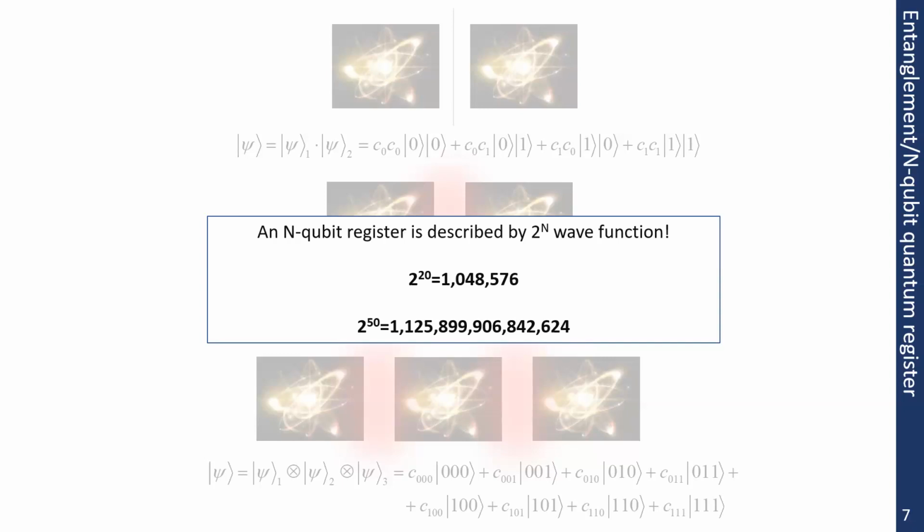But this is just 50 qubits. I wouldn't say trivial, but today's state of the art is 400 qubits, which is much larger than this number, and even larger than the number of particles in the universe. Such a large number it is, but it can already be realized in the lab.